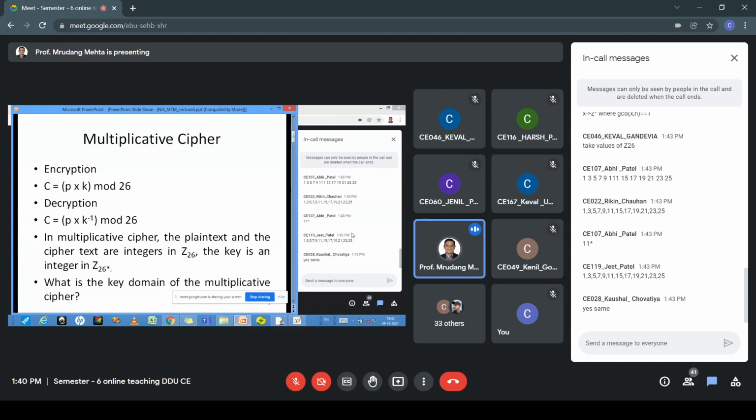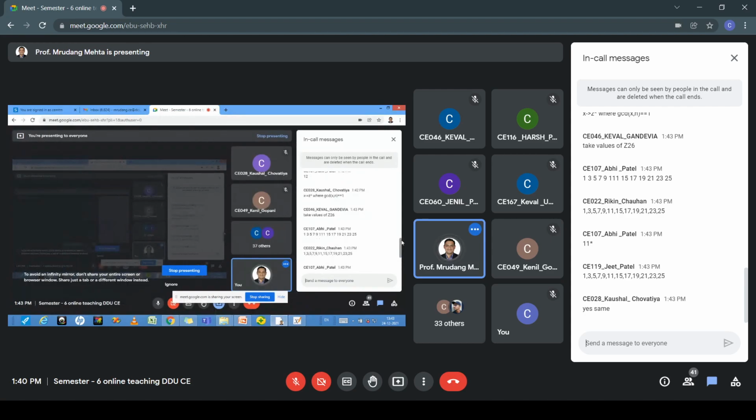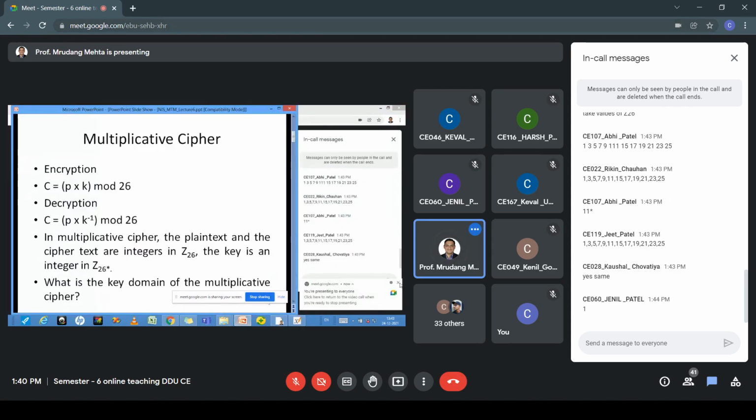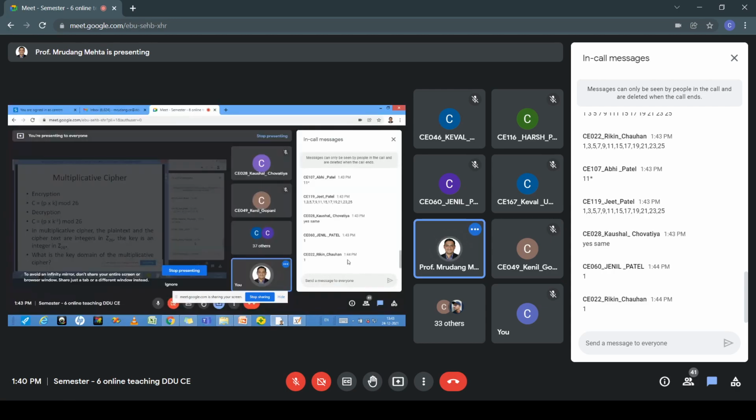So if we take all odd values except 13: 1, 3, 5, 7, 9, 11, 15, 17, 19, 21, 23, 25. For each of these values, its GCD with 26 results in 1.